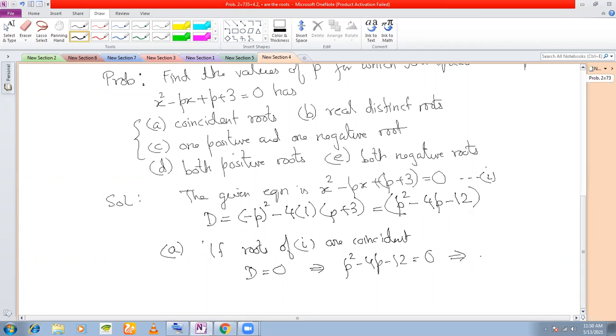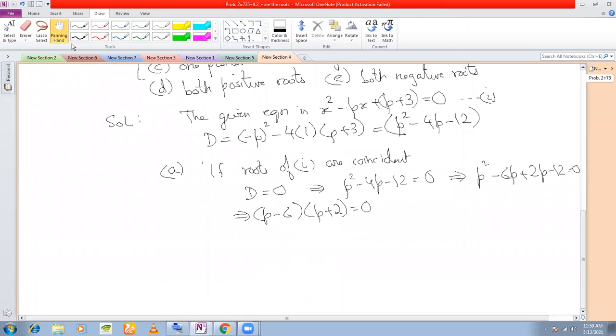Now, of course, this can be factorized, 2 and 6. So p is equal to 6 or minus 2. So for these two values of p, the roots are coincident.